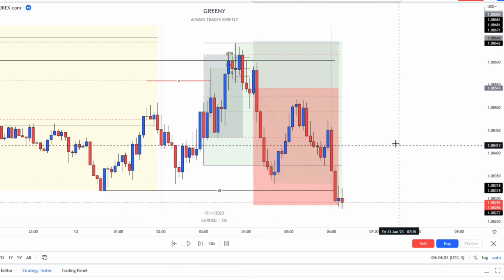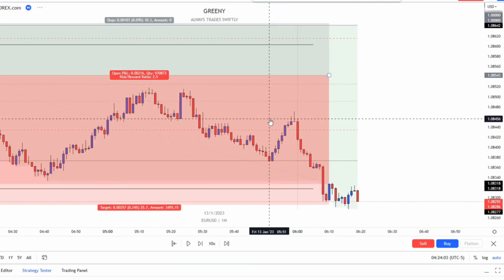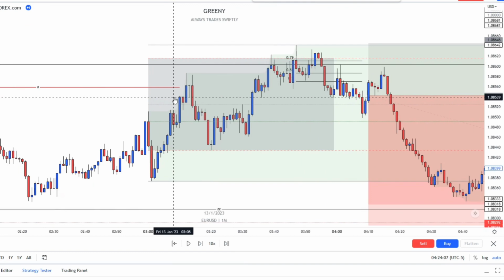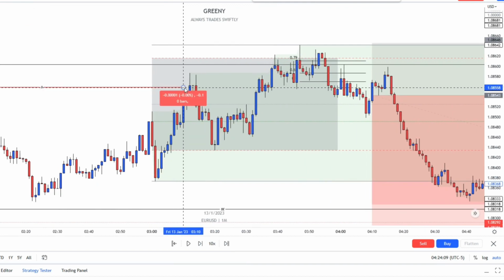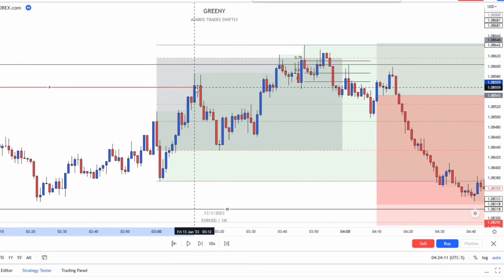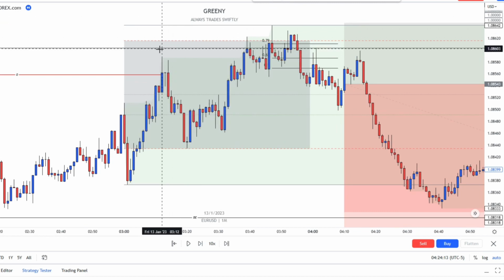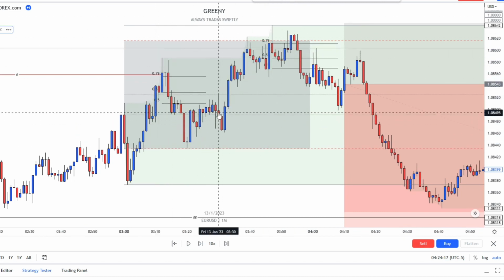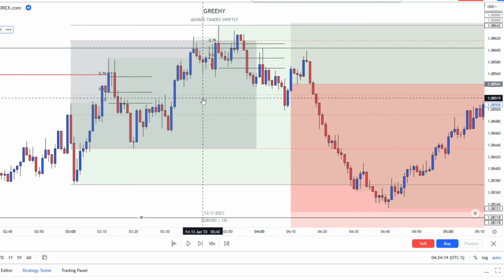However, when we come down to the 1 minute chart, there isn't anything here that fits my entry model, and I'll show you why. So I use the OTE, the optimal trade entry model from ICT himself.